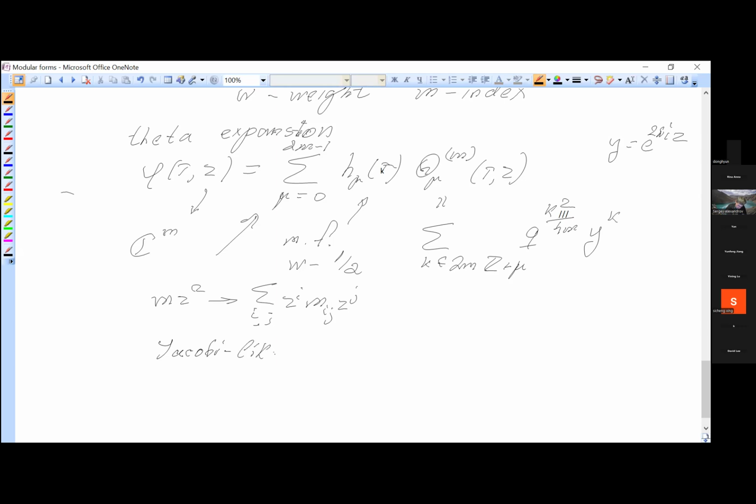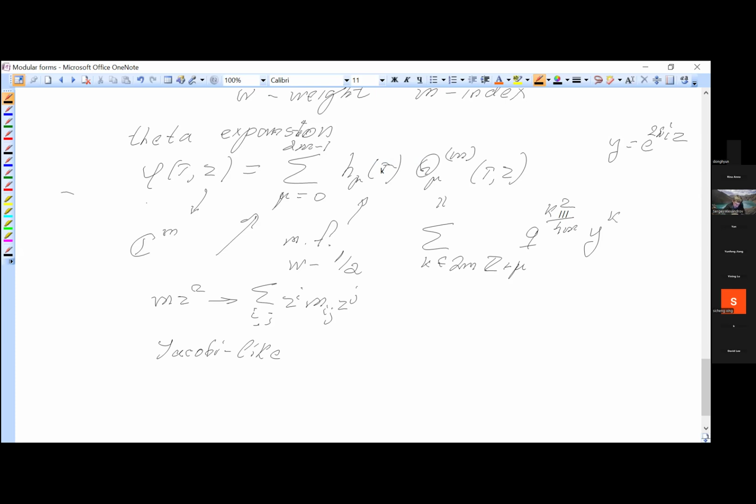Sorry, I have a question here. Is the h mu a Hurwitz class form? No, in general, it's some modular form. h mu is just any modular form.